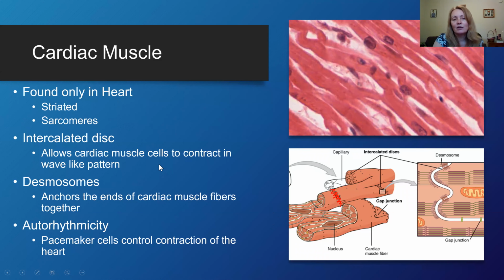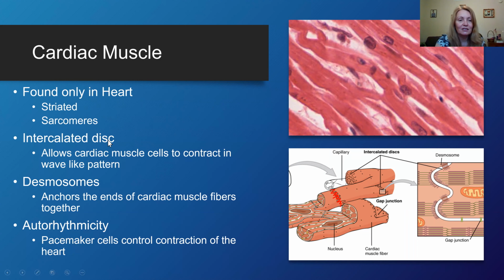It allows cardiac muscle cells to contract in a wave-like pattern. Ions will move from one cell to another cell, and when ions move, that's electricity moving, and it will allow muscles to contract all together. Instead of one muscle contracting and relaxing, then another muscle contracting, you want your heart to contract as a whole unit.